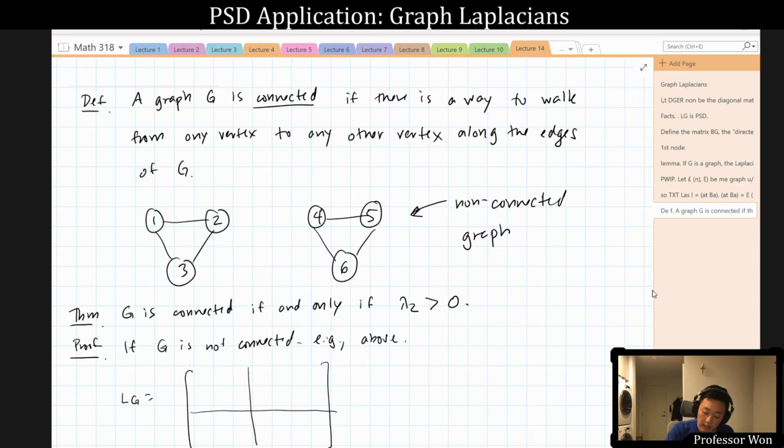What you do is list all of the vertices in the first component, so 1, 2, and 3 in our example here, and all the vertices in the second component, or however many components there are. You just list them all together.